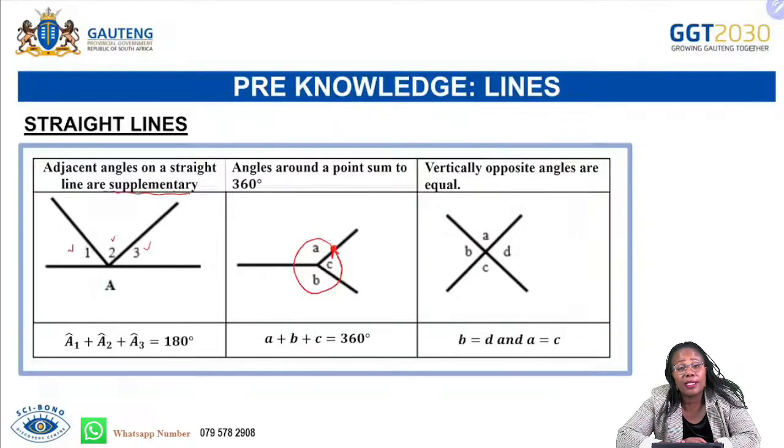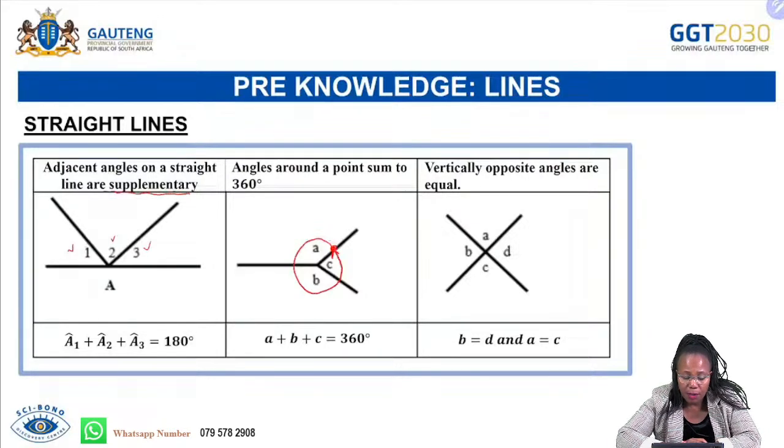We also apply this in trigonometry, where we revolve from 0 degrees, moving to 90, 180, 270, up to 360 degrees again. That is why the angle when you revolve is called a 360 degree angle, because it's an angle around a point.